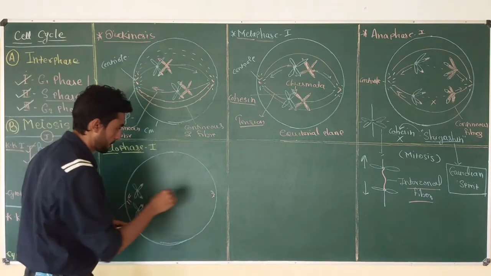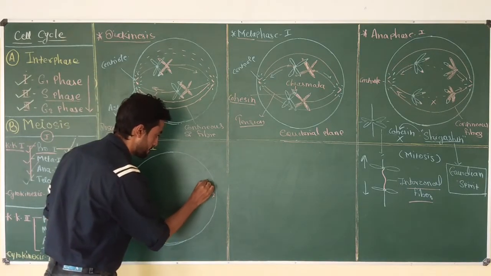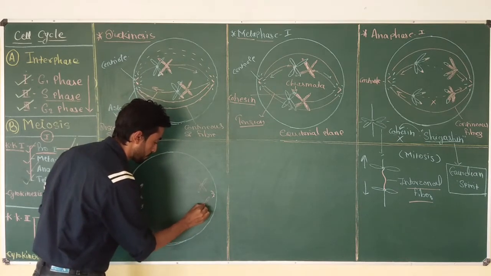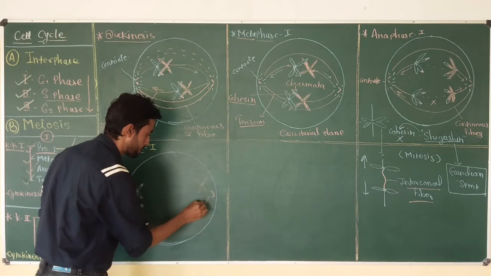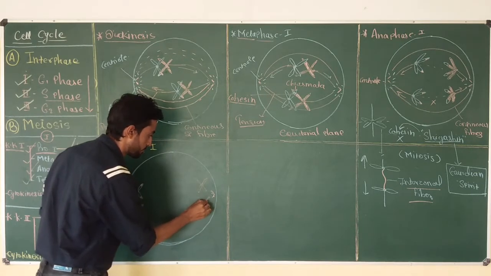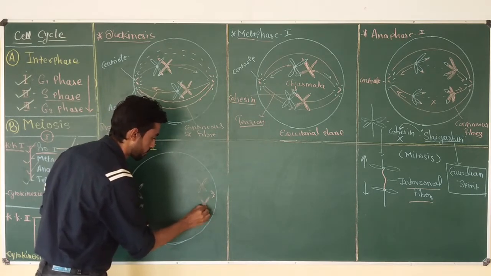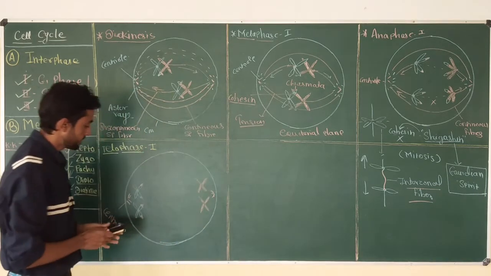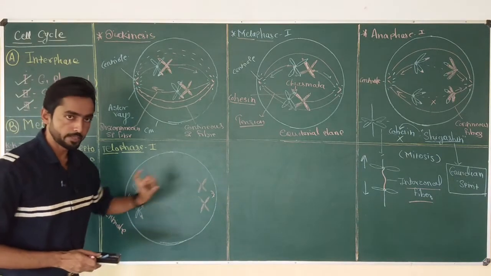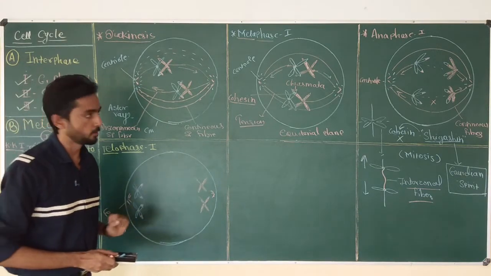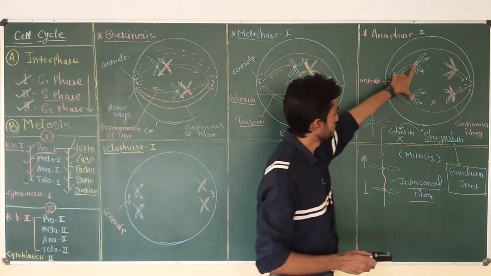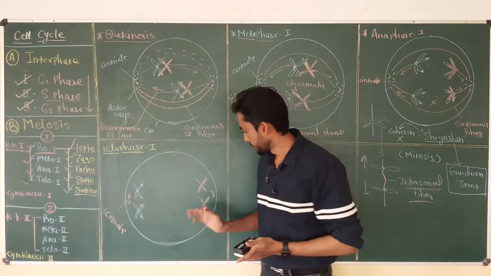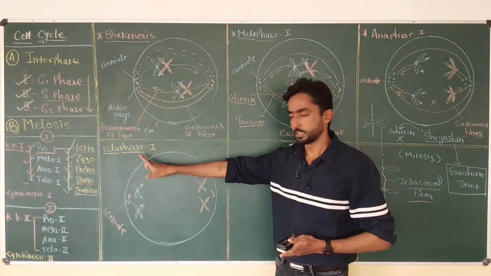Same case with the opposite pole. Here you can see the movement of the chromosomes is completed, they have reached their respective poles. Okay, two chromosomes get stabilized at one end while the remaining two get stabilized at the opposite end during telophase.